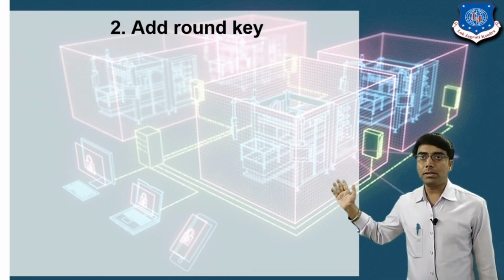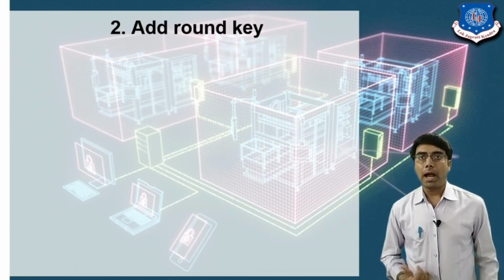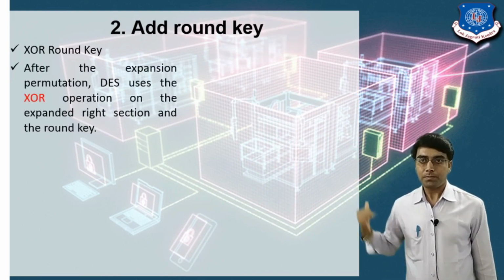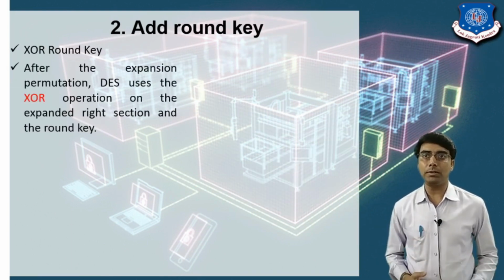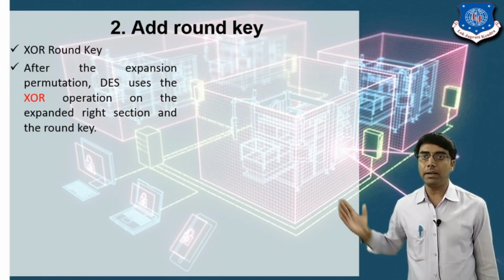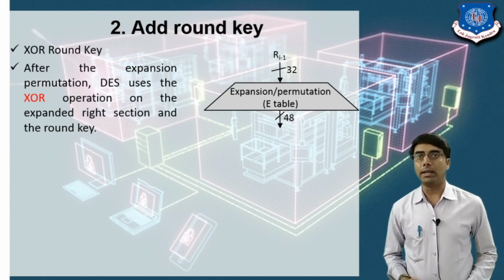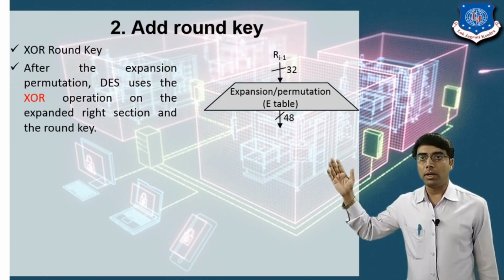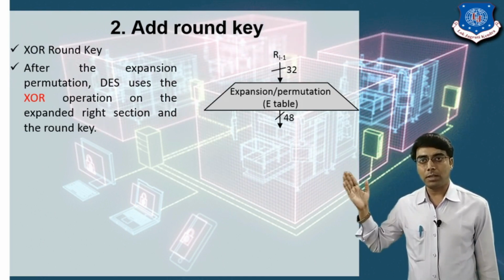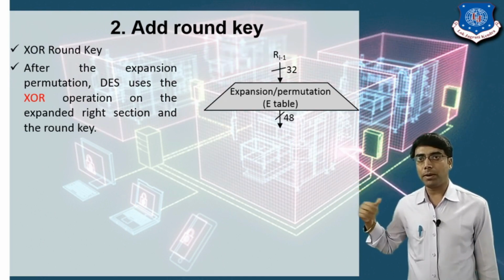Now in the second step, add a round key. How do we perform the XOR operation? After the expansion permutation, DES uses the XOR operation on the expanded right section and the round key. We expanded the right plain text of size 32-bit.